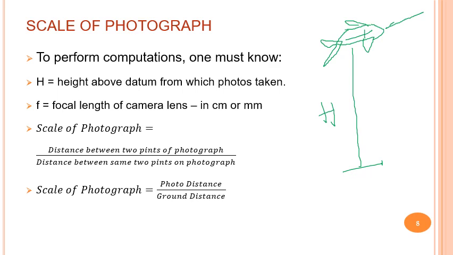Small f is in centimeters or mm. Then the scale of a photograph is equal to the distance between two points on the photograph divided by the distance between the same two points on the ground. That is, scale equals photo distance divided by ground distance.